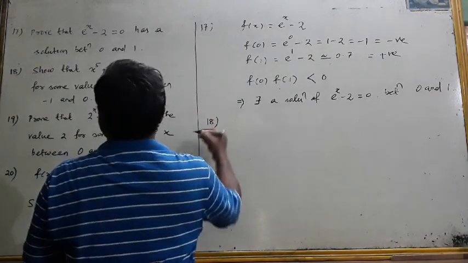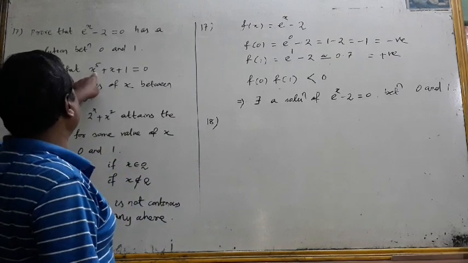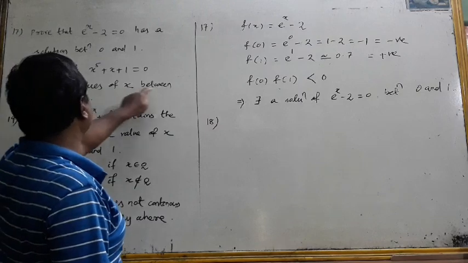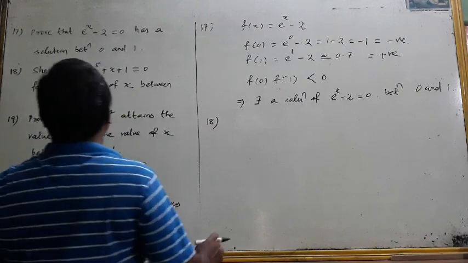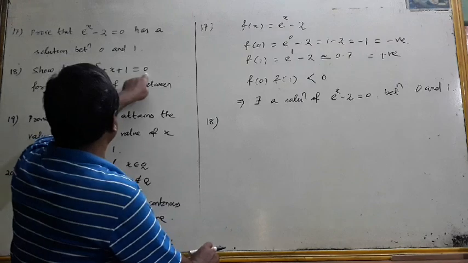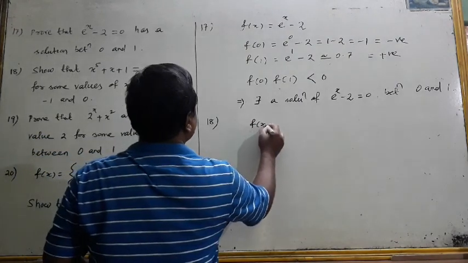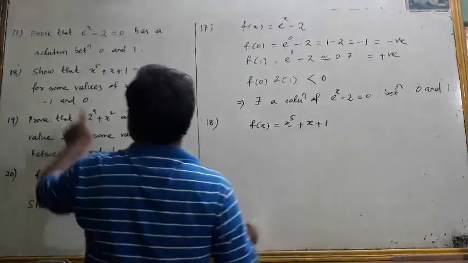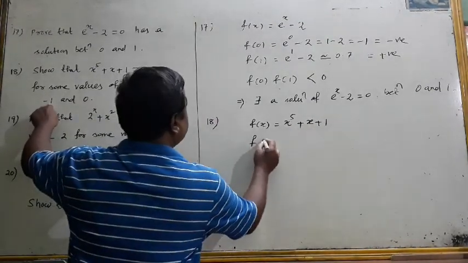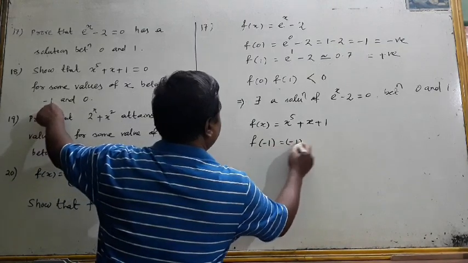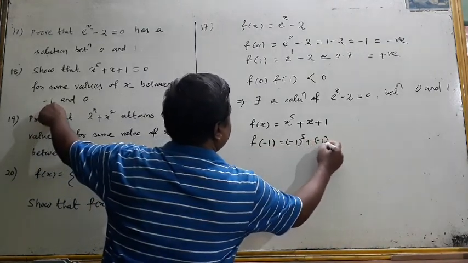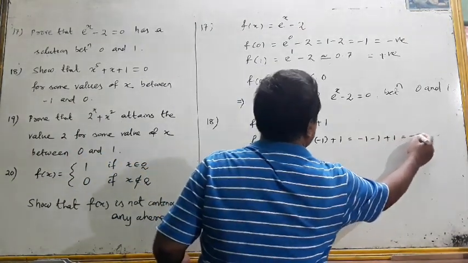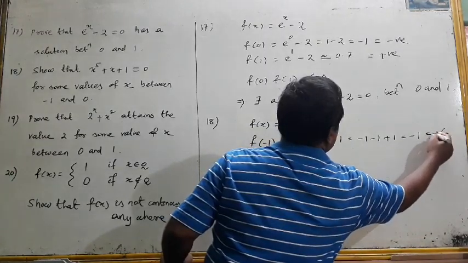Number 18. Show that x to the power 5 plus x plus 1 is equal to 0 for some value of x between minus 1 and 0. First we take f(x) equal to x to the fifth plus x plus 1, then find the value of f(minus 1). It is (minus 1) to the power 5 plus minus 1 plus 1, meaning minus 1 minus 1 plus 1, which is negative.